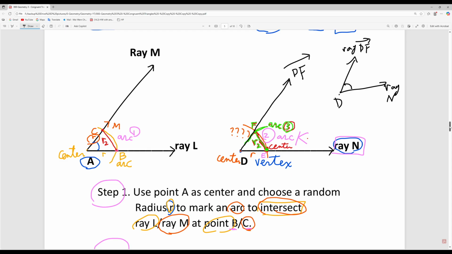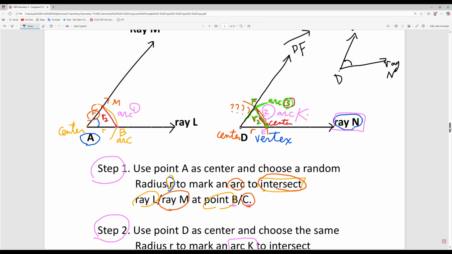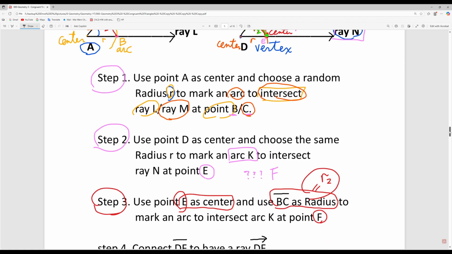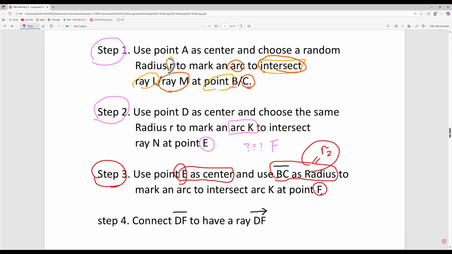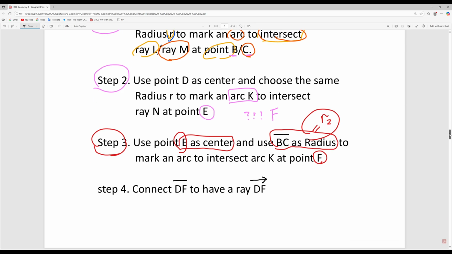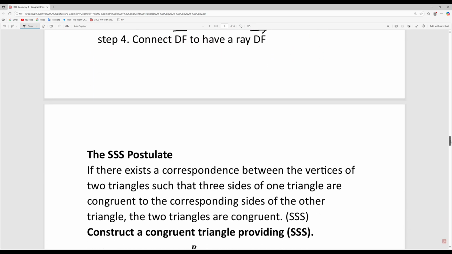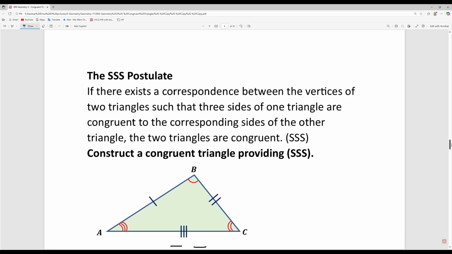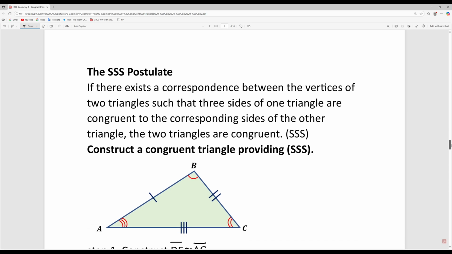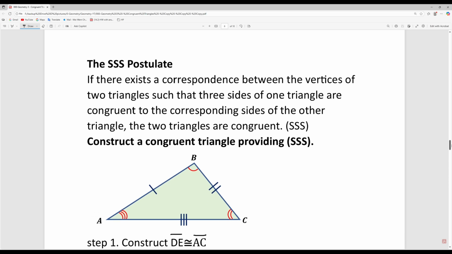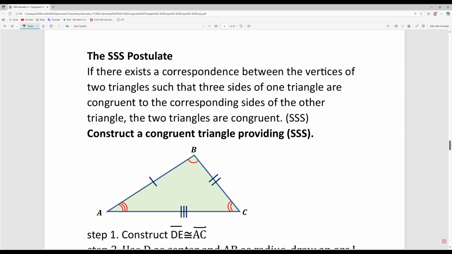Now after you repeat to practice with these 3 steps and the last step, you learn how to draw congruent angles. And then by using these 2 tools, we want to talk about actually when you want to draw a congruent triangle, you only need to have 3 pairs of the parts congruent.